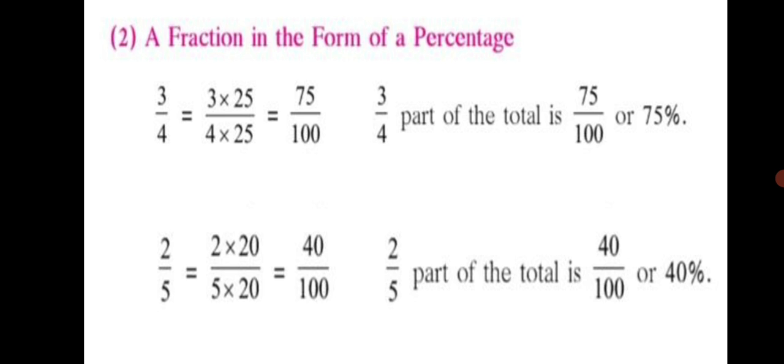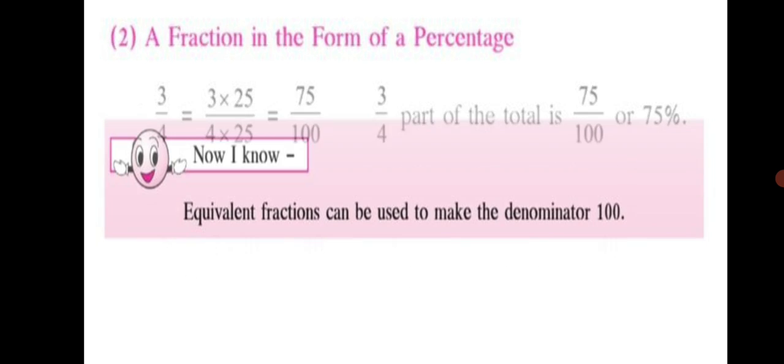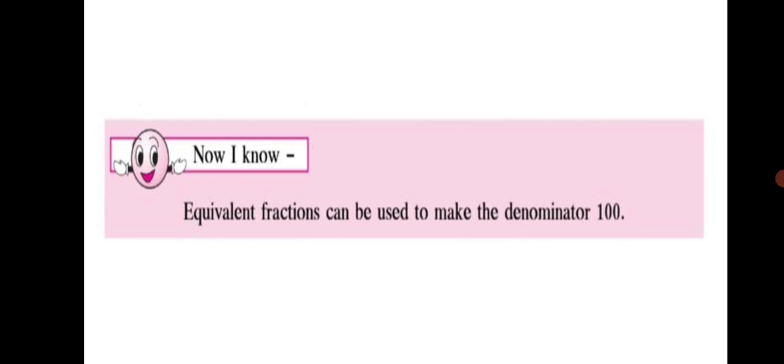So 2 upon 5 part of the total is 40 upon 100, or 40%. This way a percent can be converted into a fractional form, or a fractional form can be converted into a percentage. Equivalent fractions can be used to make the denominator 100. You can always make the denominator 100 using the method of forming equivalent fractions.